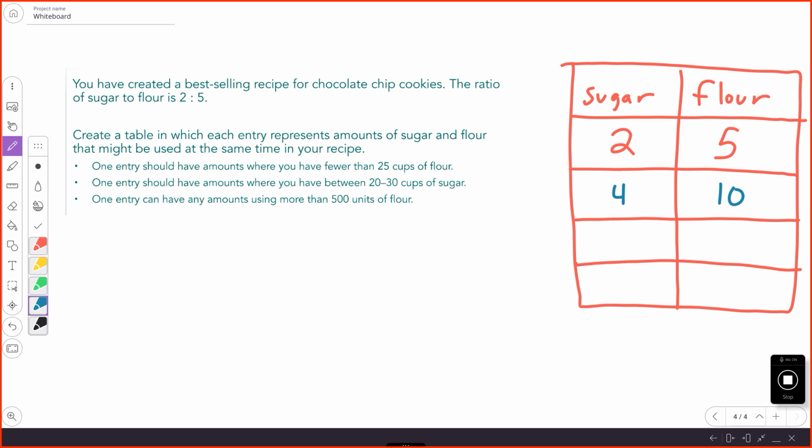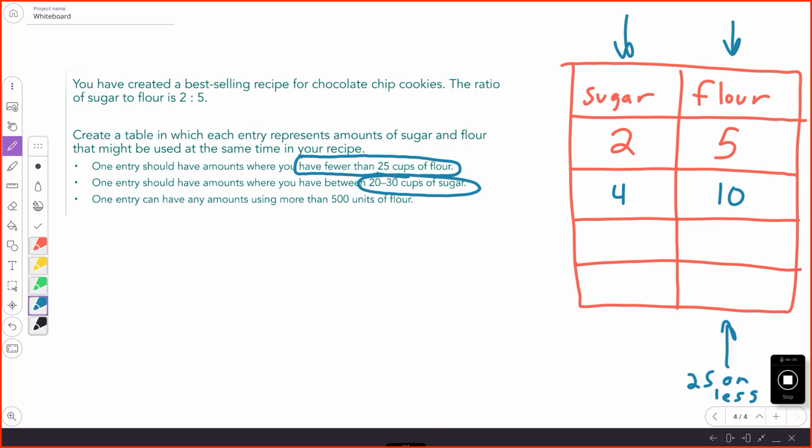All right? But now they're giving you some stipulations. It means that you should have fewer than 25 cups of flour. So anything over here on this side needs to be 25 or less. All right. Now, one entry should have 20 to 30 cups of sugar. So on this side, you need to have between 20 and 30 cups of sugar.